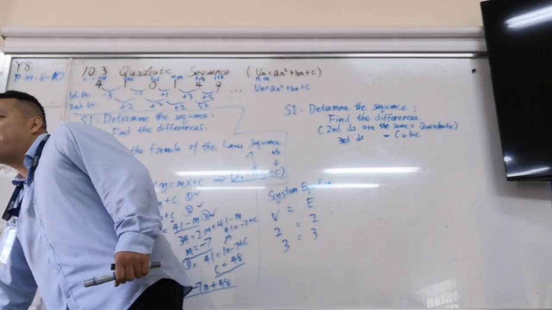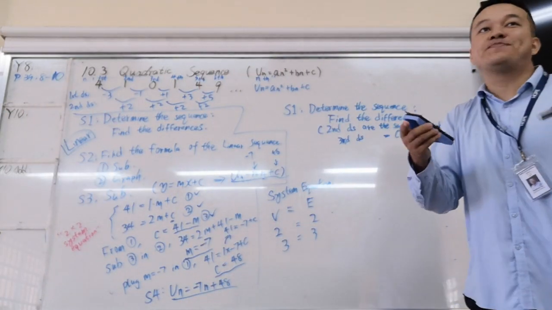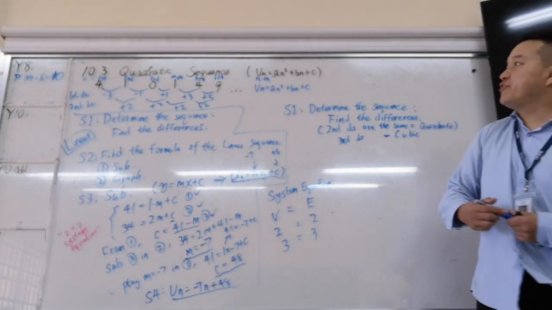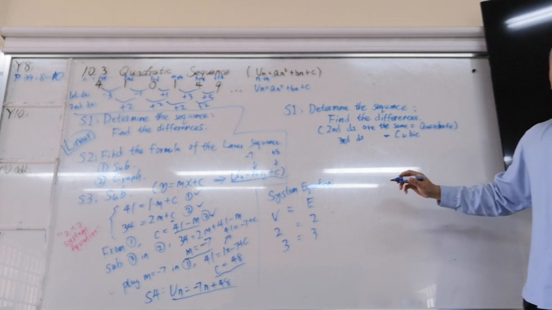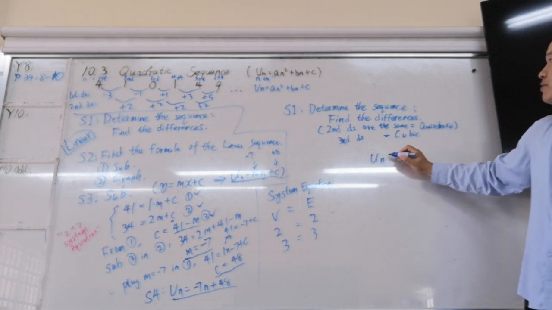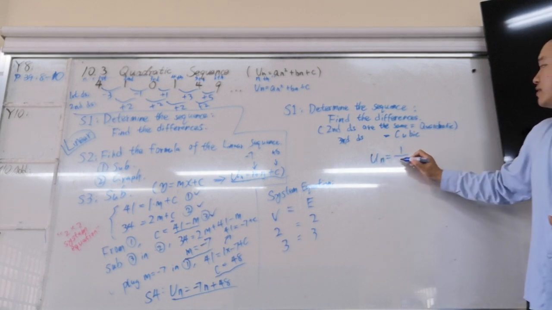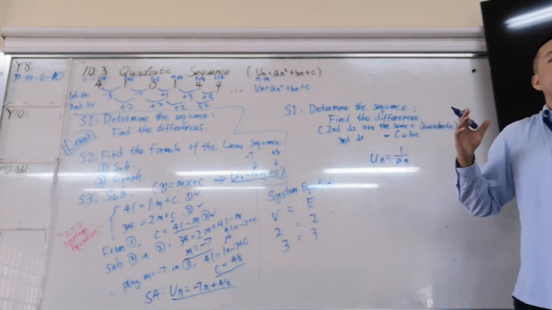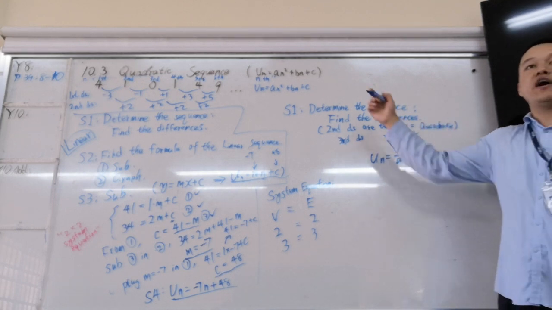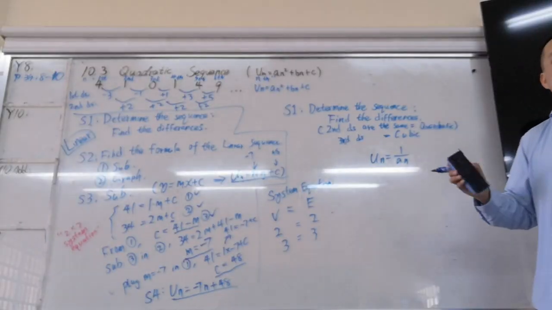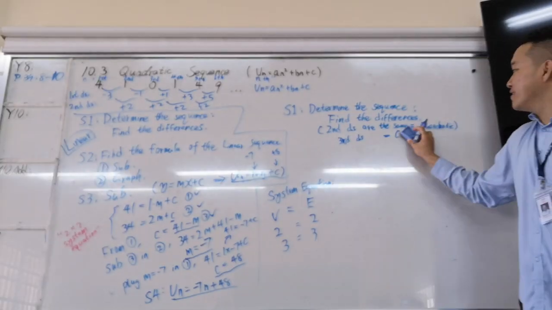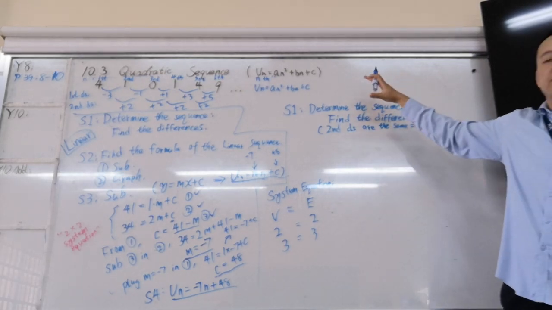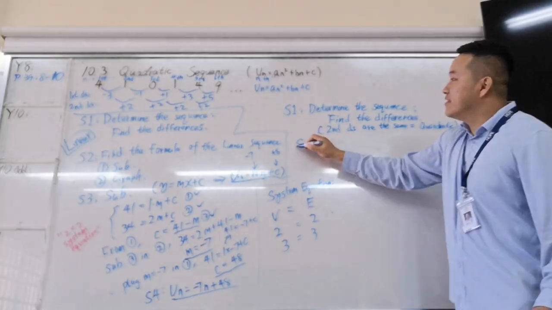If you have other sequences, you're not going to have a fixed value for the differences, which is beyond our current level now. But let's just focus on the second one.